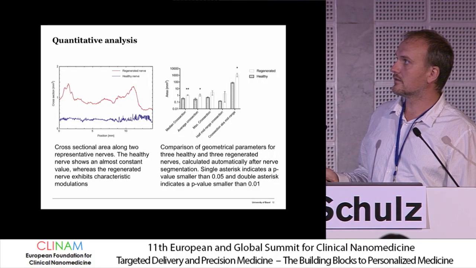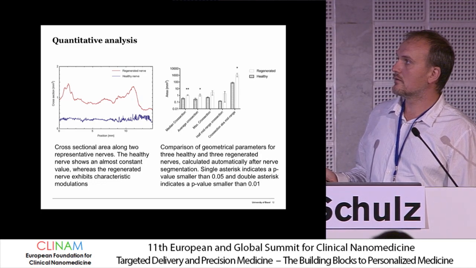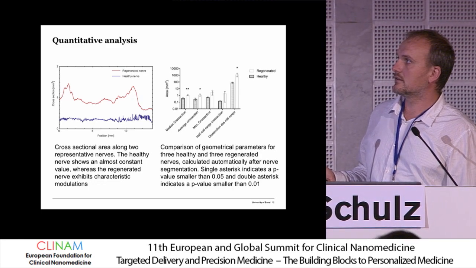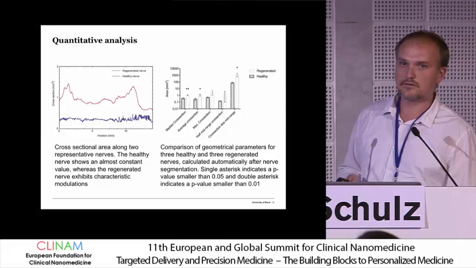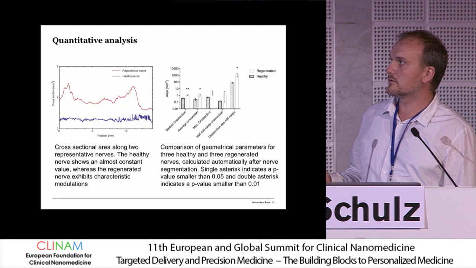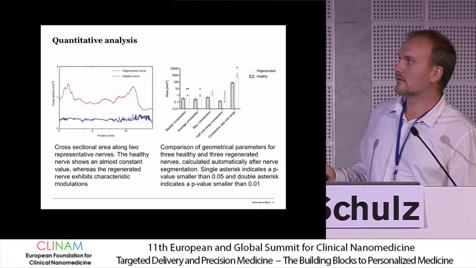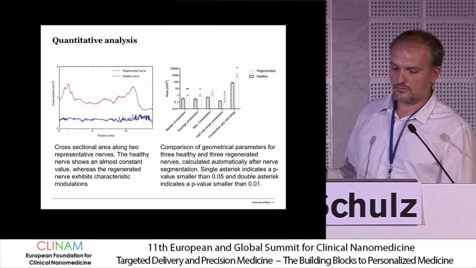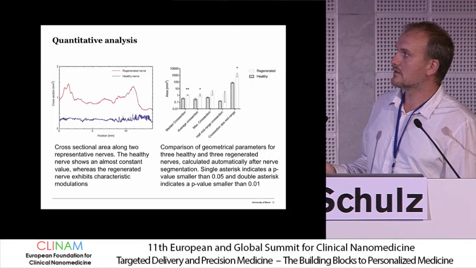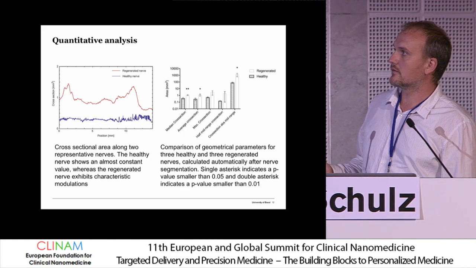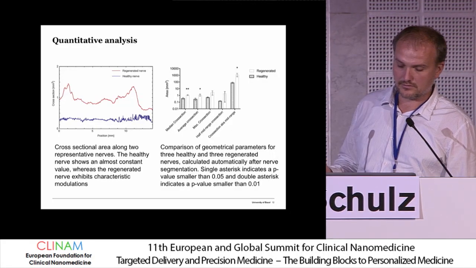Then you have here the reconstructed nerve, where you see that at the beginning and at the end you have higher area values, which is in principle the position where the conduit was fixed. Afterwards is again the healthy nerve, and in between was the reconstructed nerve.